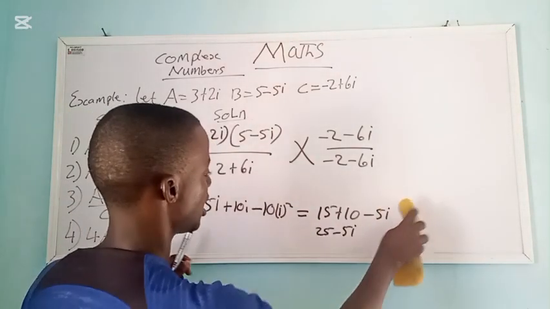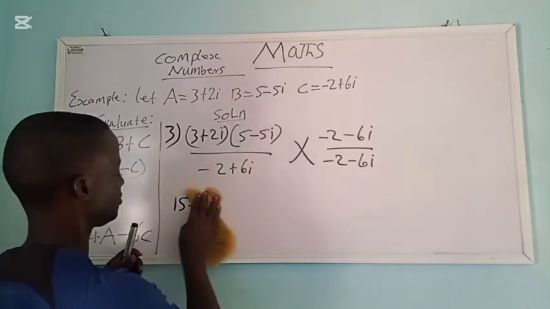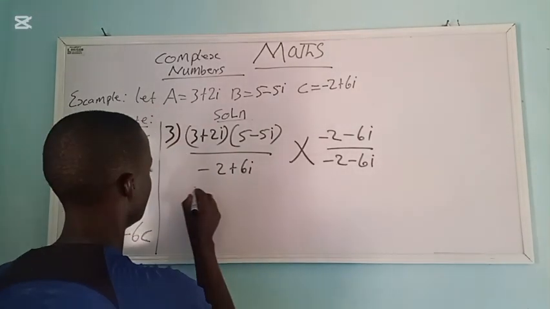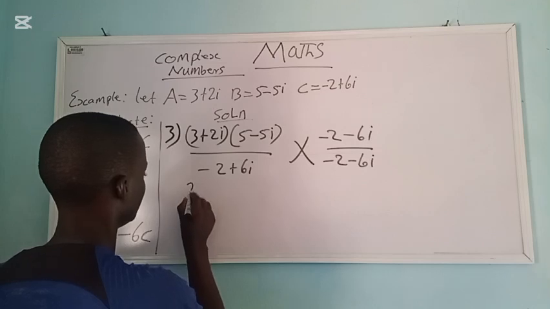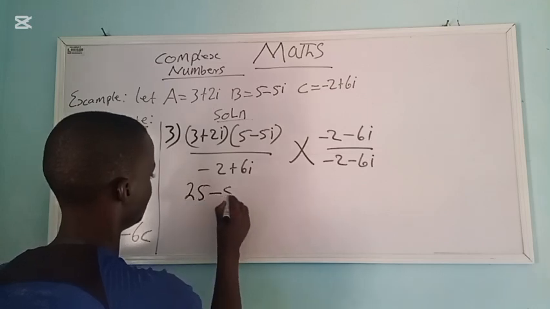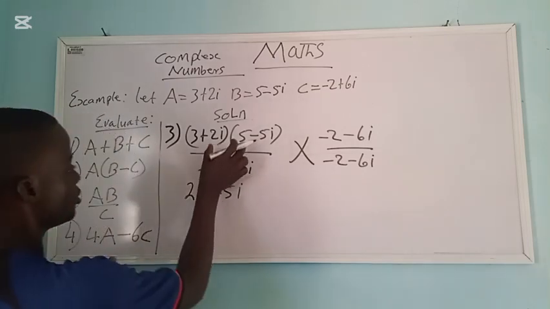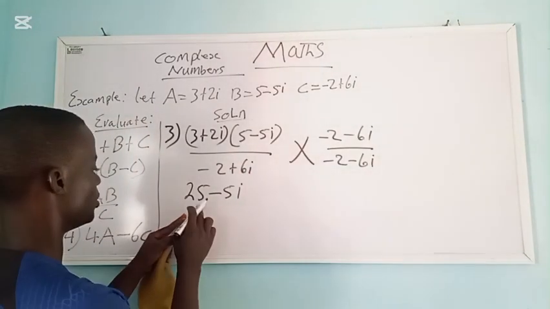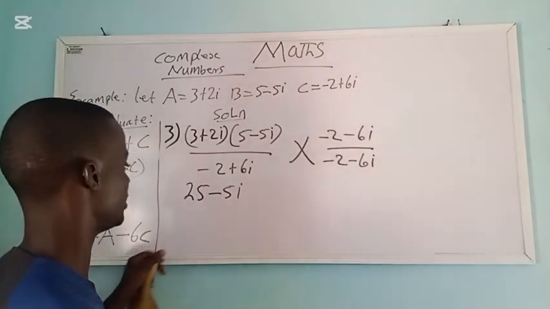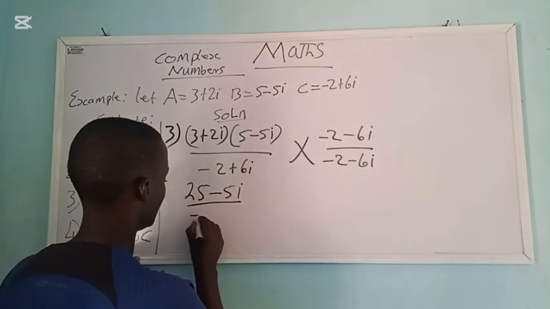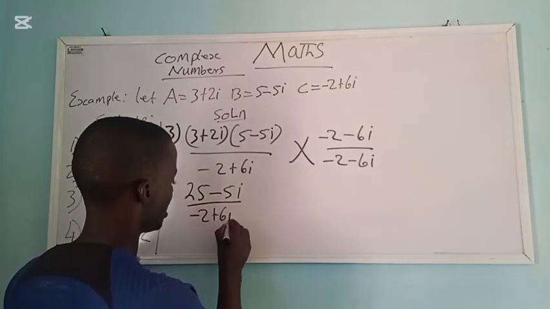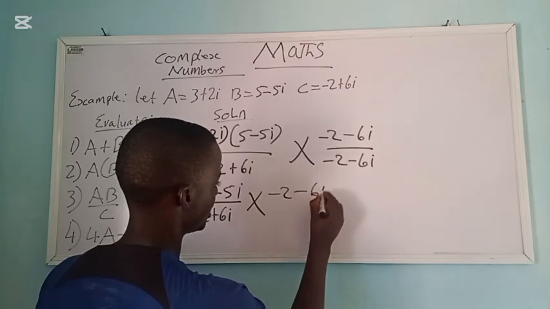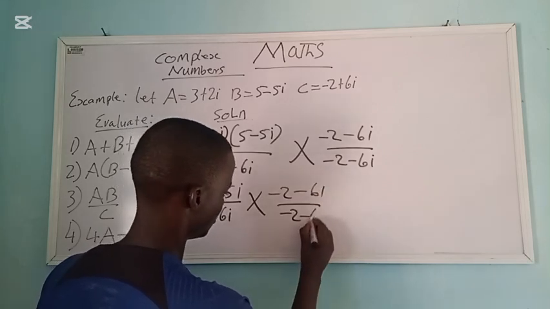So that's what I will use. I will come down here and use 25 minus 5i, because when I expand it, it gives me 25 minus 5i, all over minus 2 plus 6i times minus 2 minus 6i all over minus 2 minus 6i.